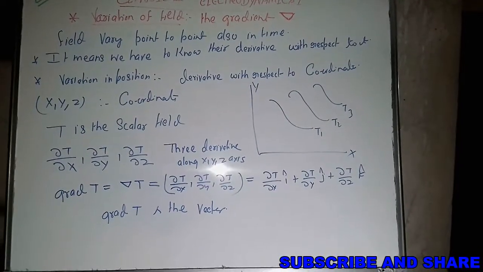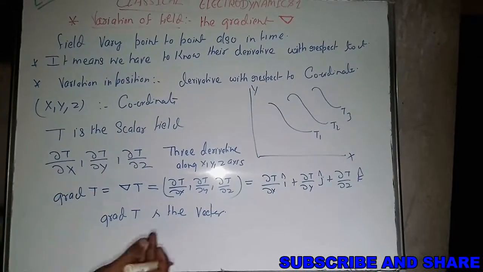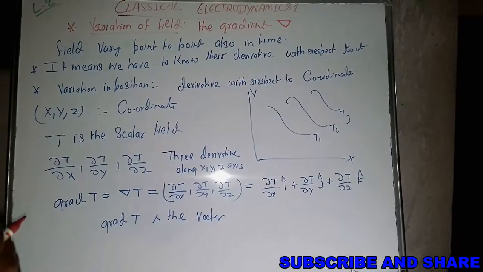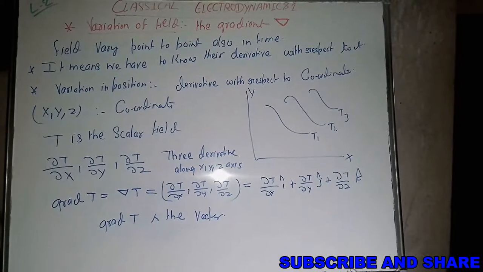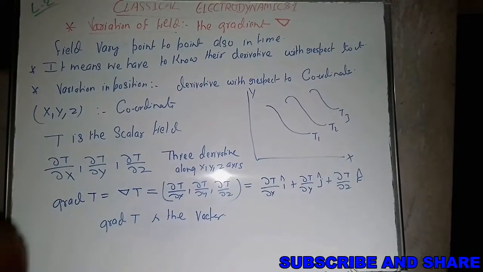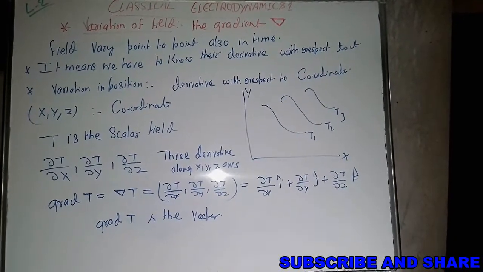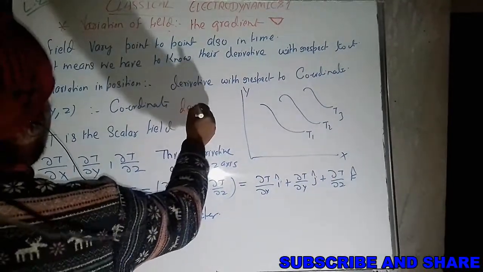Now we know that a field varies from place to place, and also in time. It means we have to somehow find the variation of the field from point to point or in time. It means we have to know the derivative with respect to time as well as the derivative with respect to position.